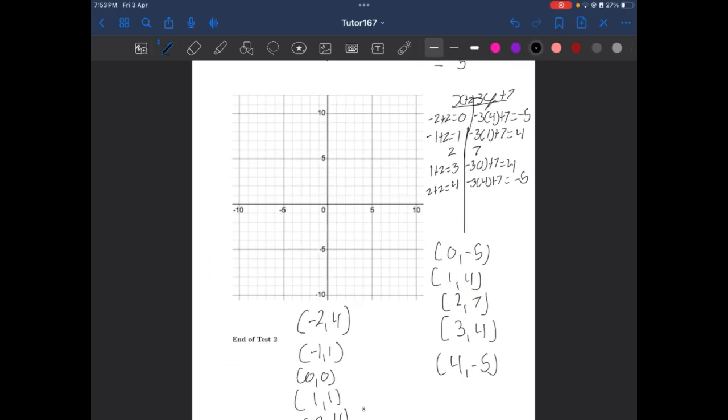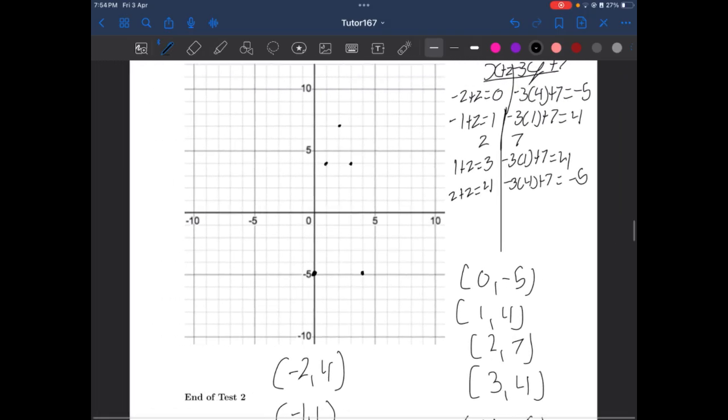So (0, negative 5), that's where y is negative 5. (1, 4). (2, 7). (3, 4). And then (4, negative 5), right here.